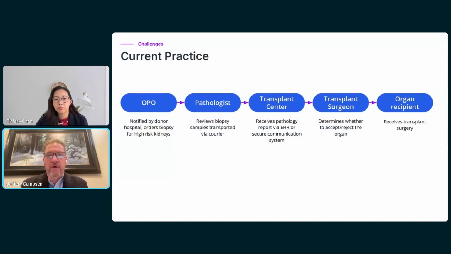So just a quick refresher for how things work. OPO stands for Organ Procurement Organizations. There are about 54 OPOs across the United States, and they each have an area. When someone is deemed to have a non-survivable injury or meets brain death criteria, the hospitals call the OPO, and then the OPO meets the family, meets the donor, and organizes the procurement surgery.